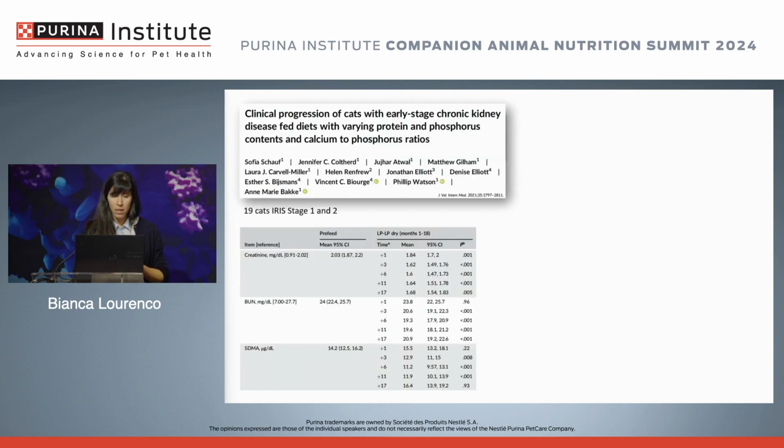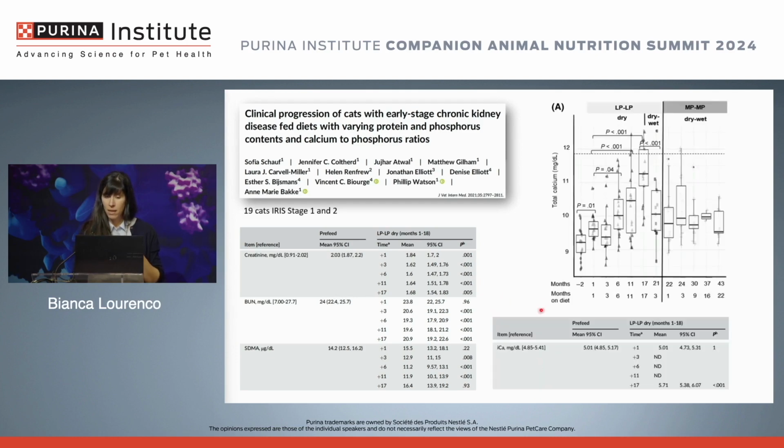So in this first study that I will share, this was describing 19 research colony cats that had IRIS CKD stages 1 and 2 and were originally on a highly phosphate-restricted diet with a relatively high calcium to phosphorus ratio. In the first 6 months, these cats had improvements in their functional markers like creatinine and BUN and SDMA.